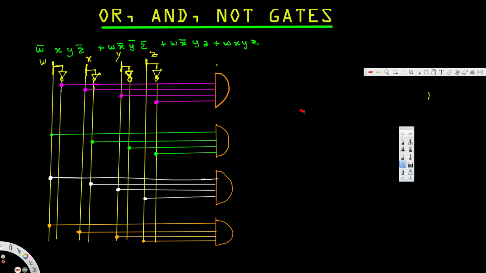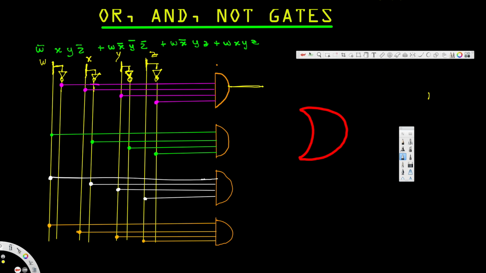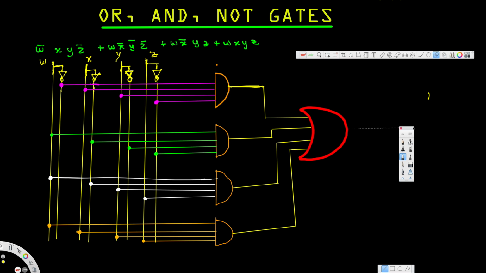So we have to connect all of these to the OR gate. Okay, so this is going to be our final output.